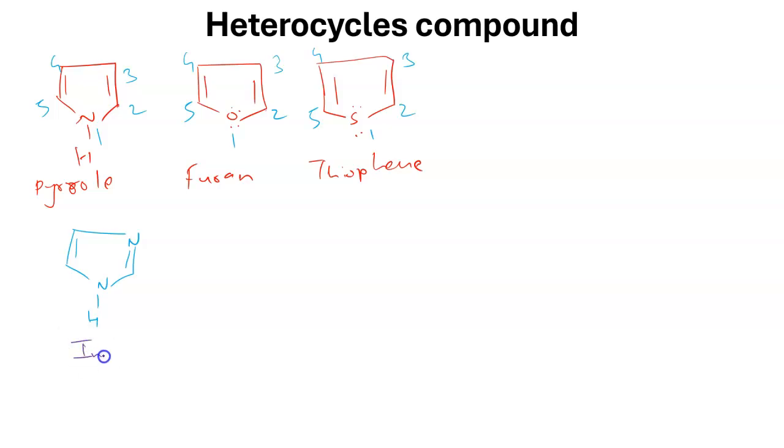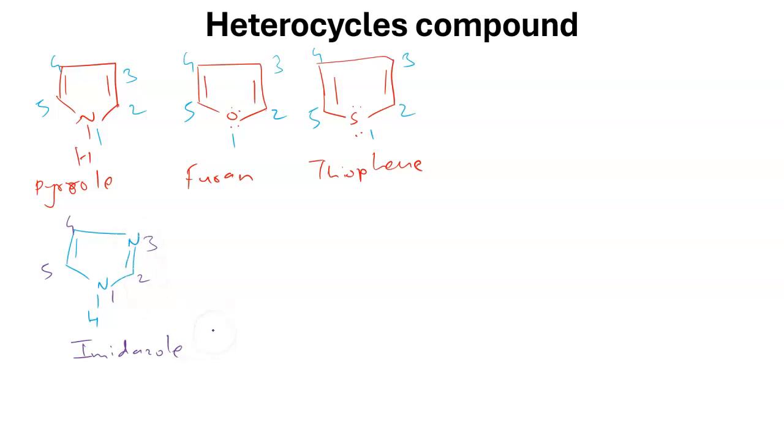The name of this structure is imidazole. Always remember that when zole is written in the suffix, it means it contains nitrogen. We will see in certain examples. 1, 2, 3, 4, 5. So this is the right numbering. We have to start numbering from the nitrogen which contains the hydrogen. We cannot start numbering from the other nitrogen.